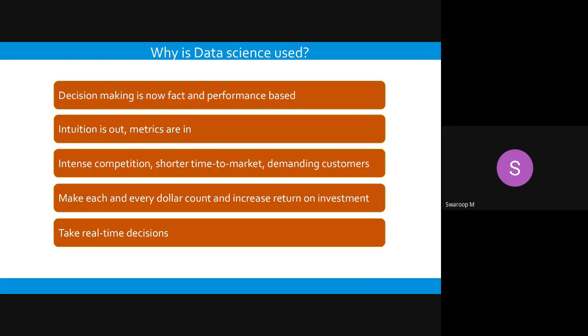What is the relation between the sunflower oil prices fluctuating in India and the Russia-Ukraine war? Because Russia and Ukraine are the major contributors to sunflower oil export, about 40% in the world actually.